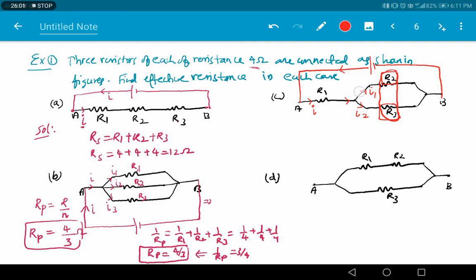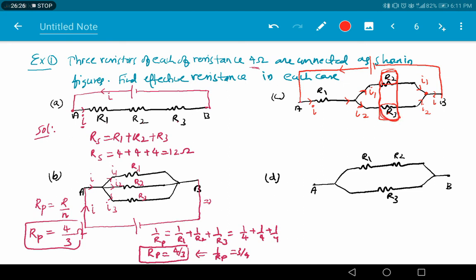So where you can see the splitting of the current, that resistor is compulsory to be connected in parallel. Now if we observe, I1 and I2 join again at B and flow as I. That means first we should simplify the effective resistance of R2 and R3.